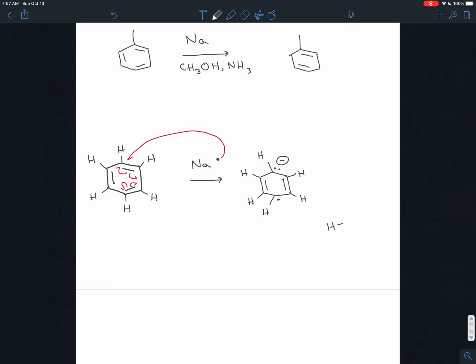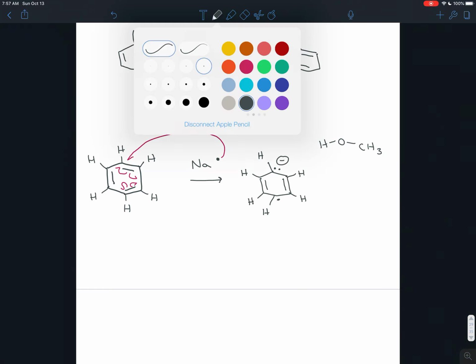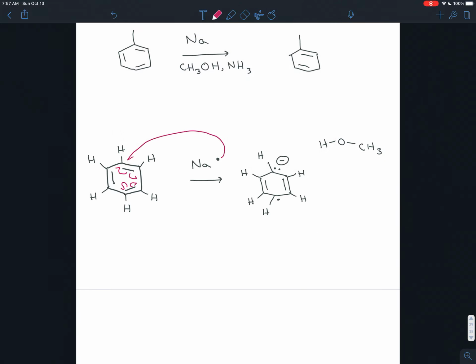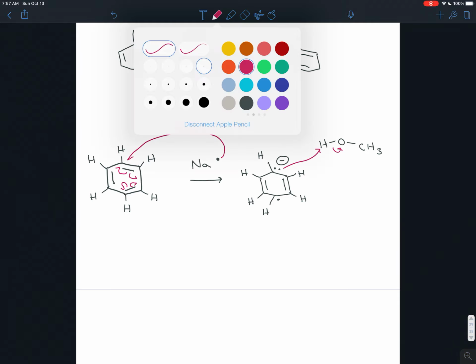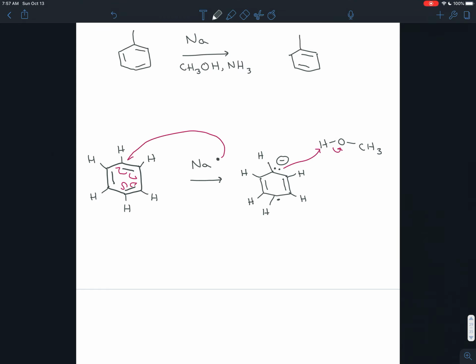So methanol is like that. The full negative charge in the lone pair attacks the hydrogen. It loses the electrons in the other bond. It's a typical proton transfer.